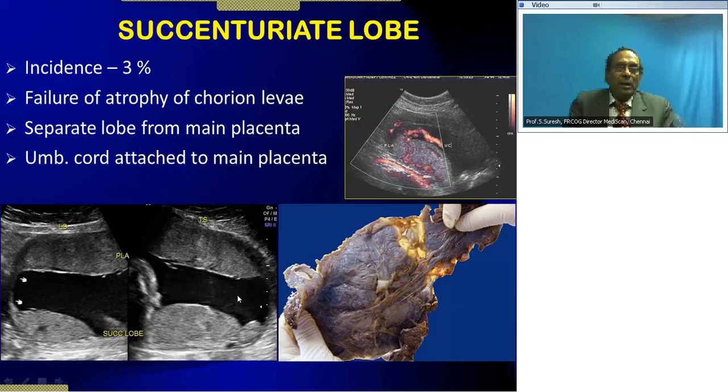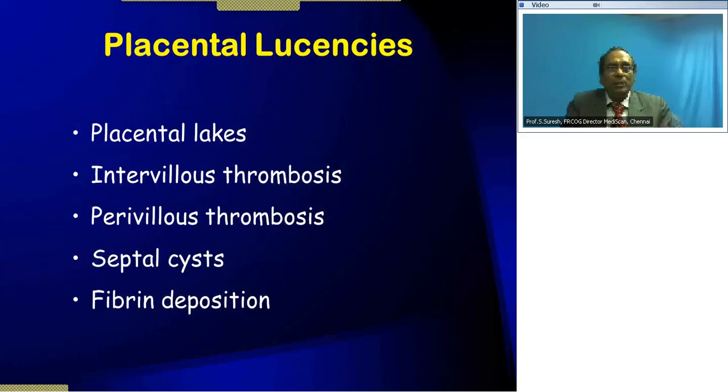And you can see when this happens, most often the umbilical cord will get attached to the edge of the regular lobe. So a marginal insertion can be identified there in most cases, and the umbilical cord is usually attached to the main placenta, or you can say the cord attachment decides which is the main placenta and which is the succenturiate lobe. That's the easier thing to remember.